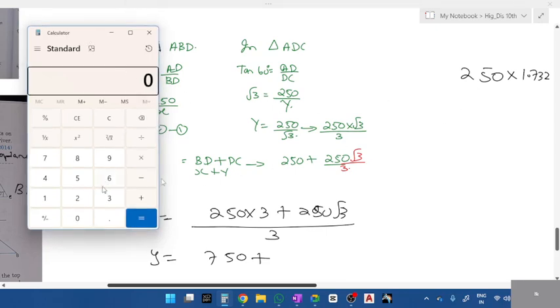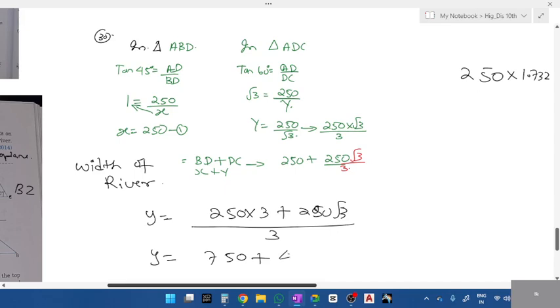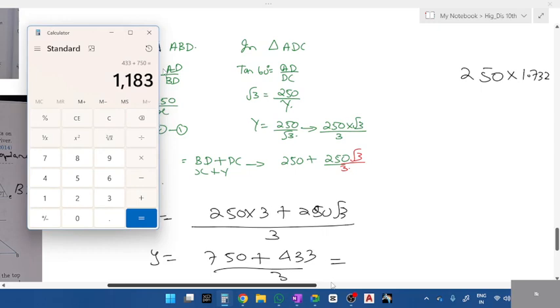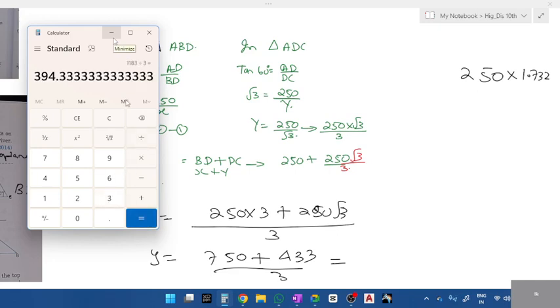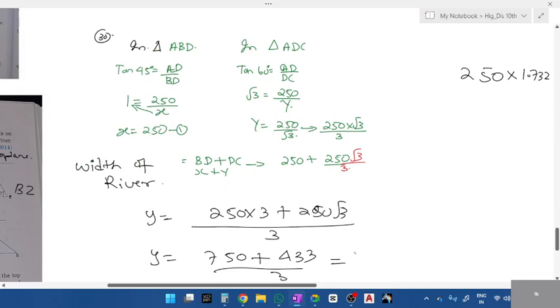Try it later. 250 into 1.732 is 433. Can you see you get a whole number, 433? So 433 plus 750. You get 1183 divided by 3. 395 is the answer.